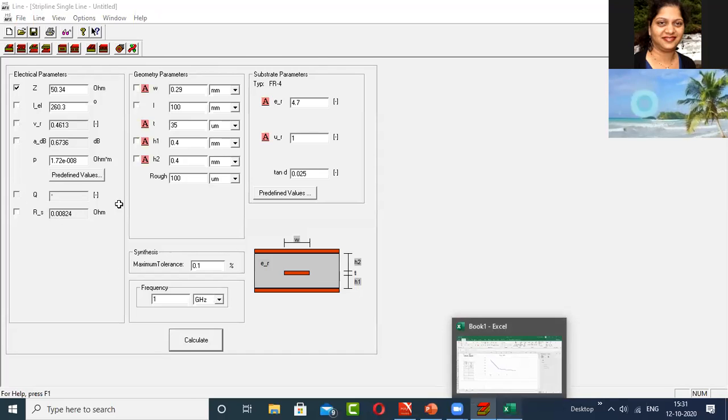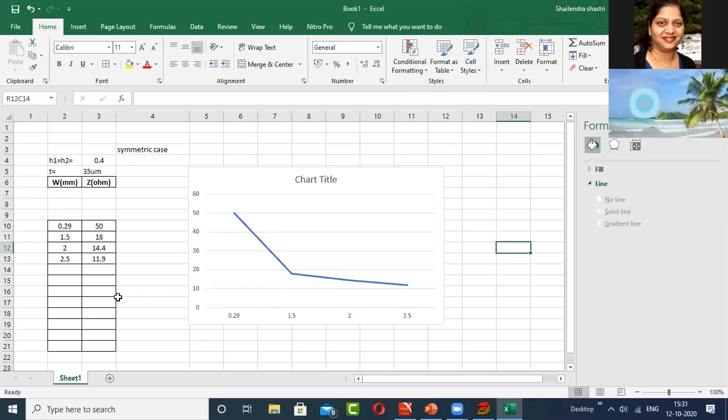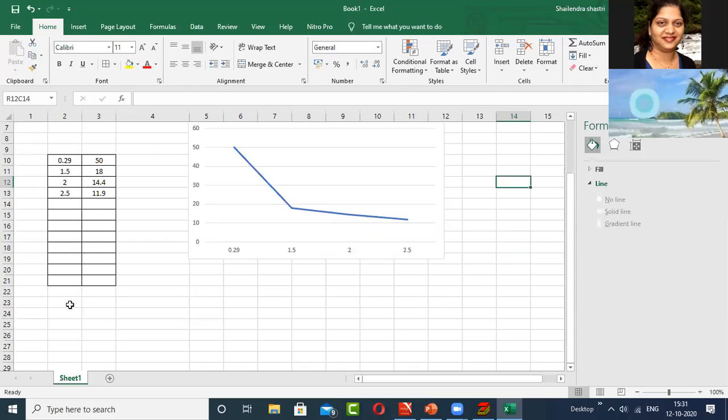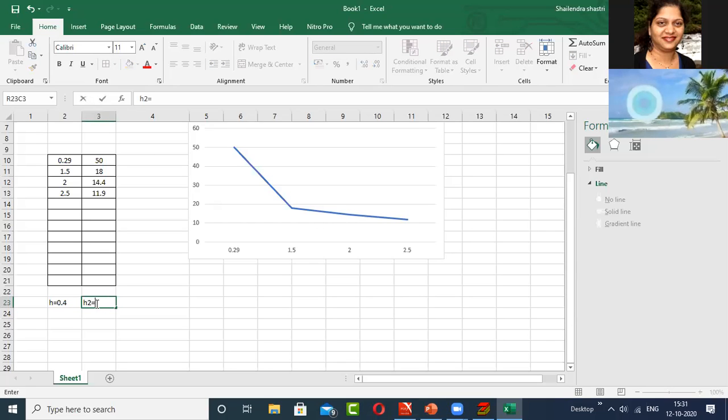So what I will do, I will keep H1 as 0.4 mm and H2 as, suppose, 0.2 mm.